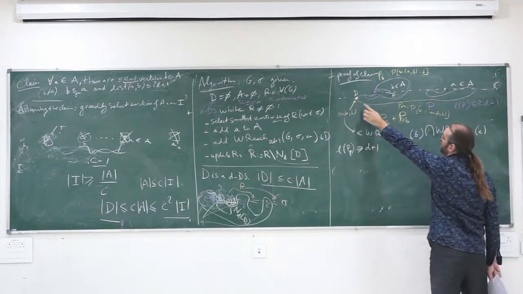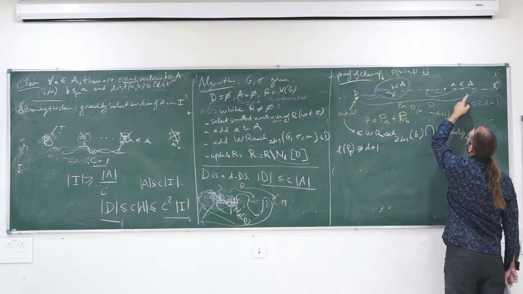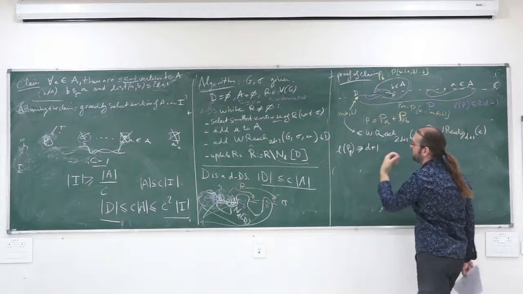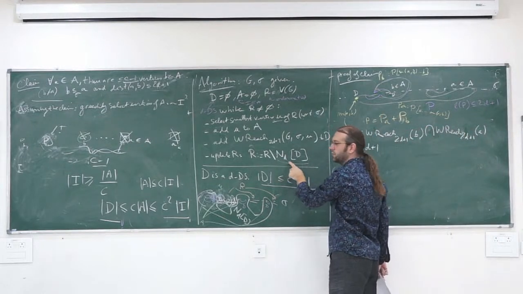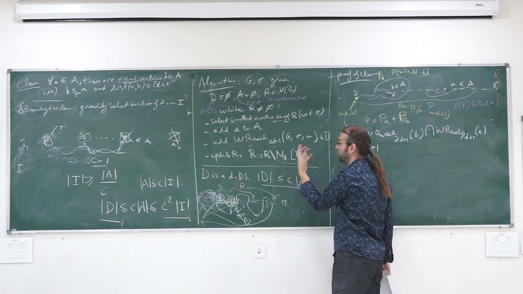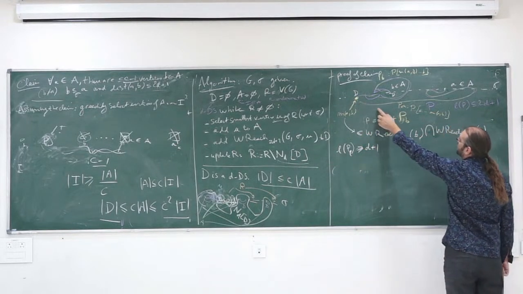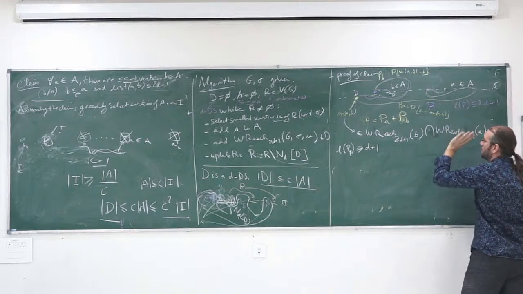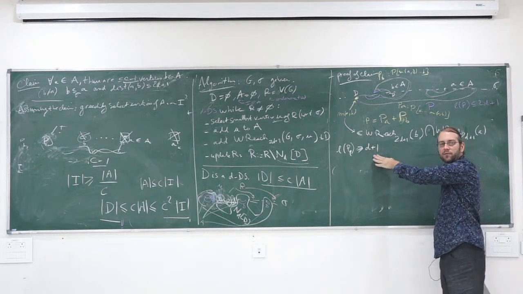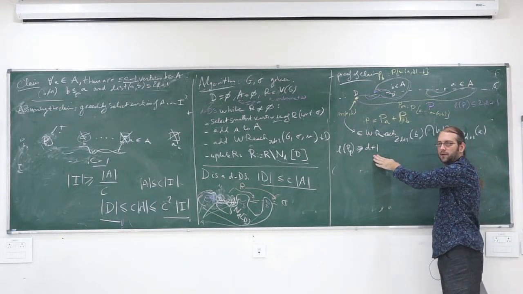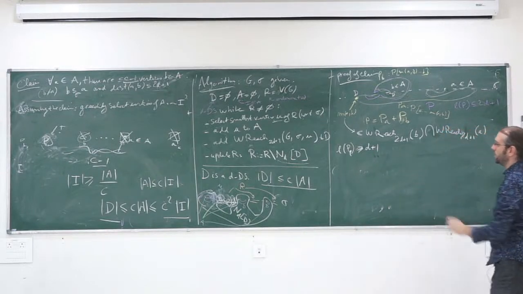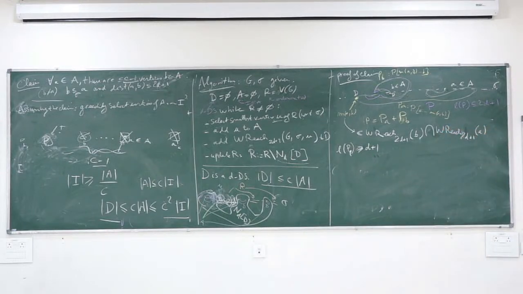So that means this path cannot be at most D. If it was at most D, he would have been in this set, the dominated vertices, and I would have removed him from R. That indeed implies that this path is not at most D, so it's at least D plus 1. Just by observing what happens in the algorithm.